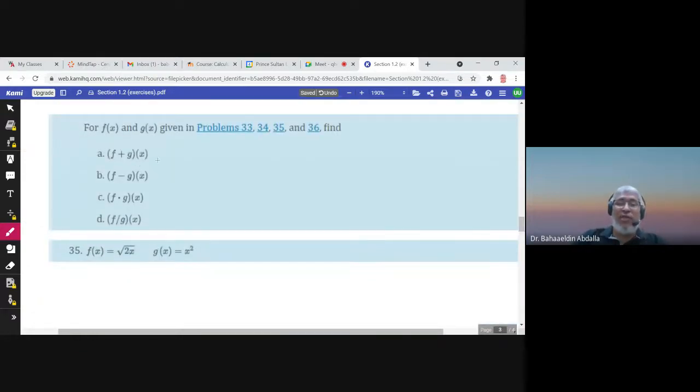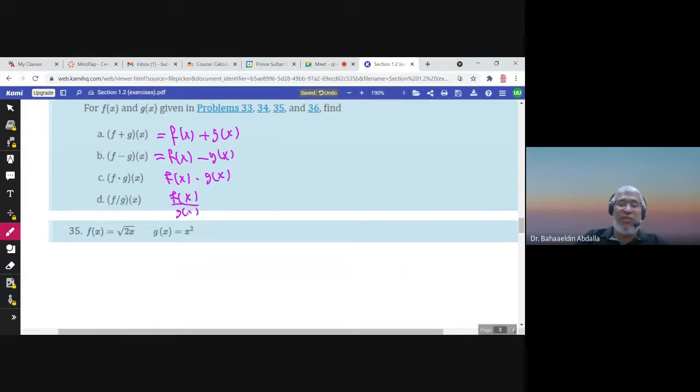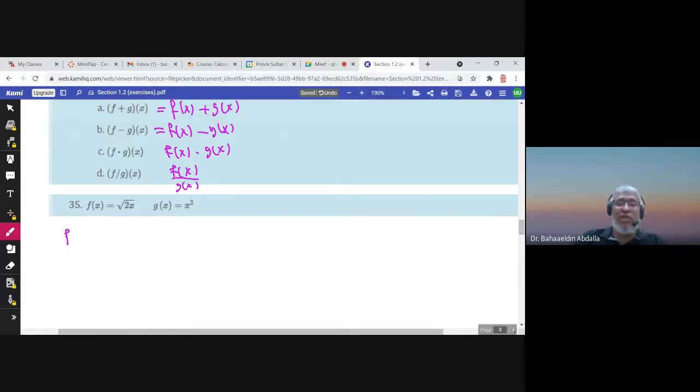How to find f plus g? Well, this is f of x plus g of x, and this is f of x minus g of x, and this is f of x times g of x, and this is f of x over g of x. So for example, in question 35, f plus g of x would be equal to square root of 2x plus x squared.